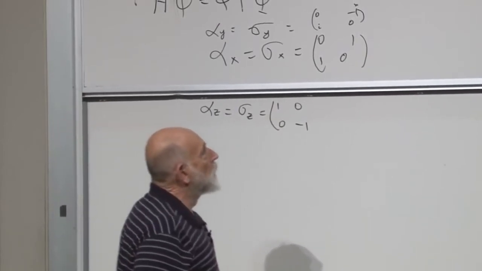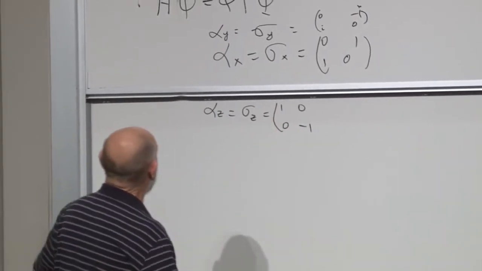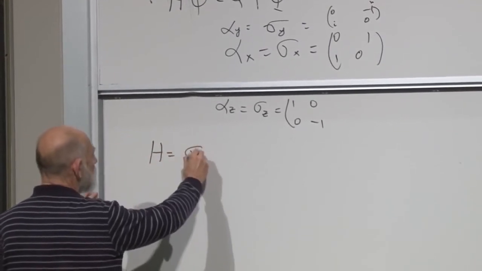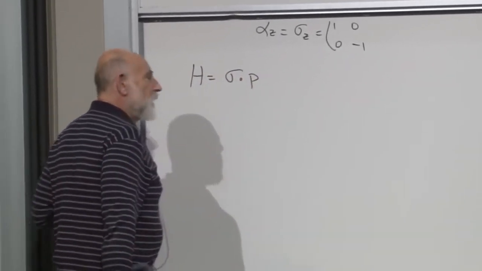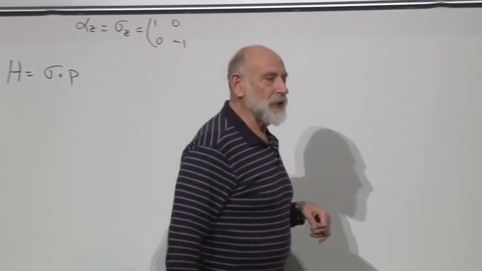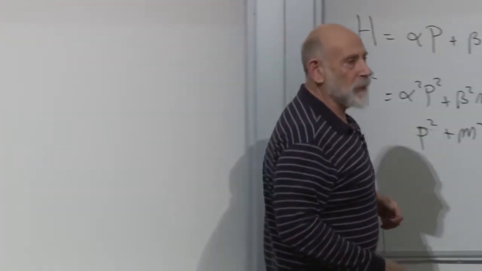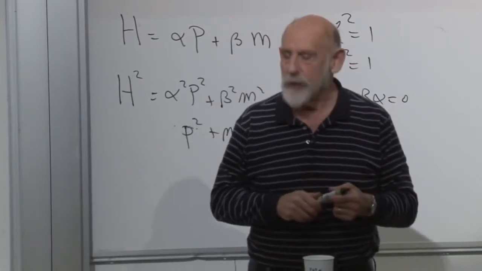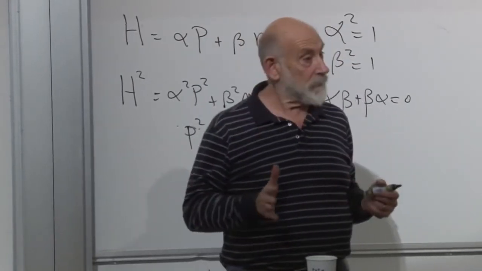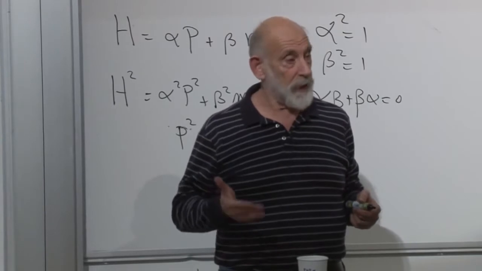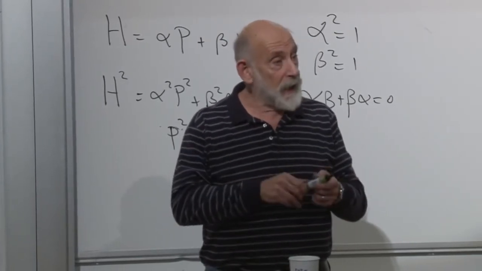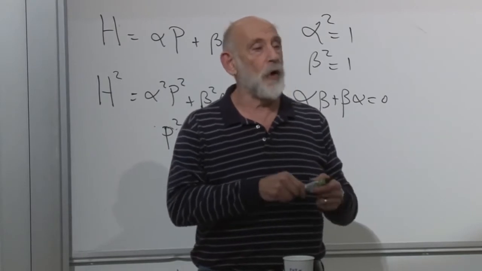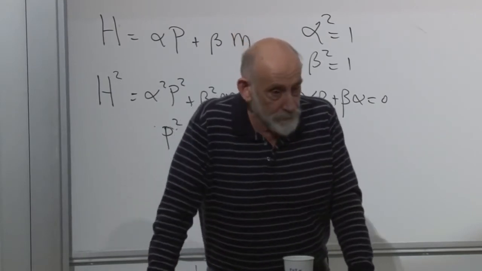And we got it. In other words, our Hamiltonian H is equal to sigma dot p. You can think of this as a particle that has a spin, that's the sigma, and it has a momentum, and the energy is proportional to the dot product, or the component of spin along the direction of motion.